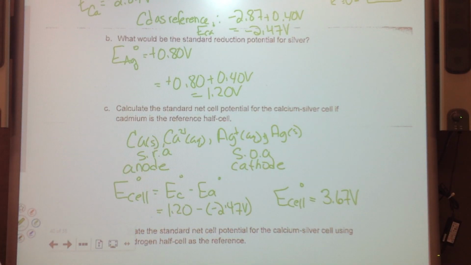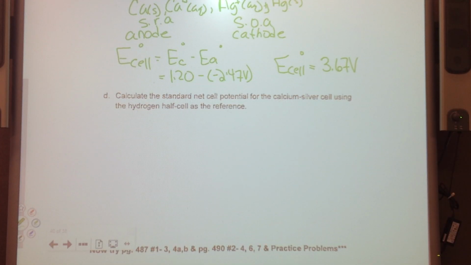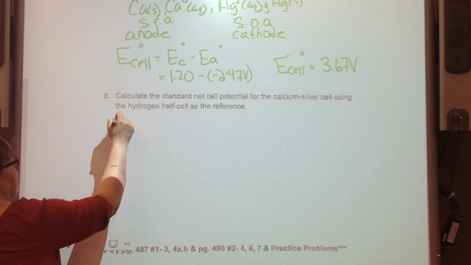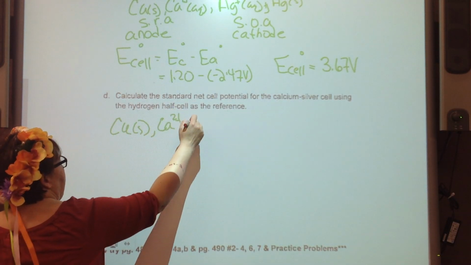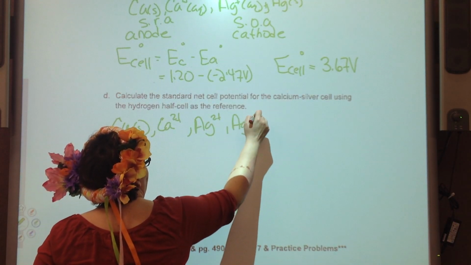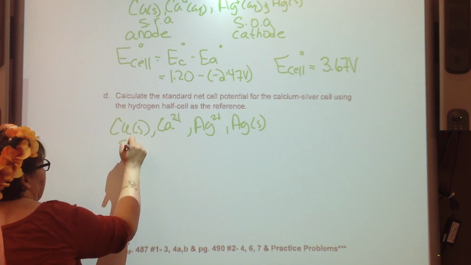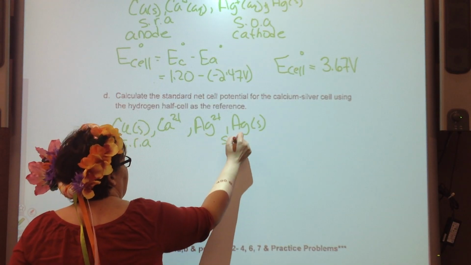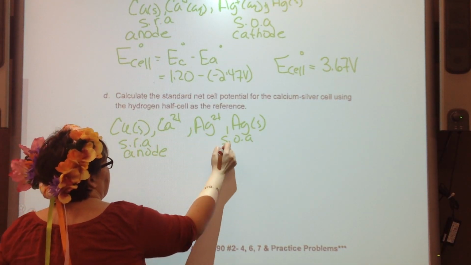And then it says calculate the standard net cell potential for the calcium silver using the hydrogen half cell as the reference. So these don't change. They're still the reducing agent and the oxidizing agent, which means this is still the anode, this is still the cathode.